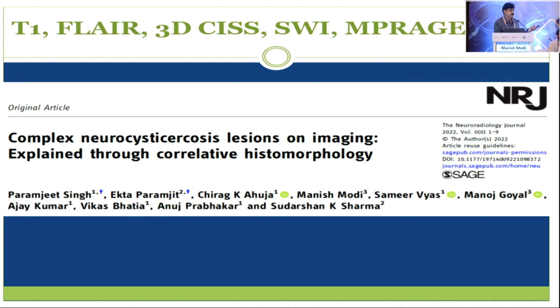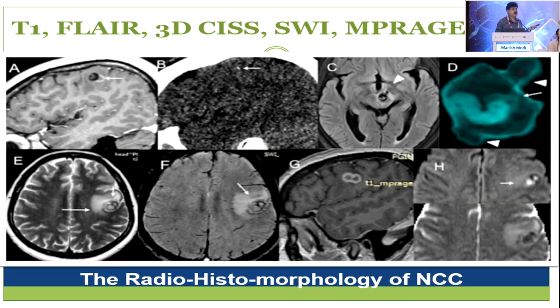So why I brought it, and why I requested the chair that I want to show it: this is a landmark paper from PGI where they showed these complex lesions, which were taken for granted as nothing but tuberculosis, are now proven beyond doubt to be neurocysticercosis because of its manifestation in the form of ring enhancing lesions. So look at it.